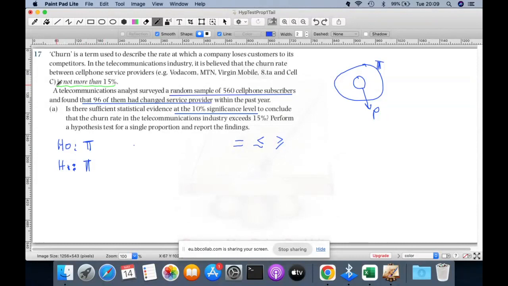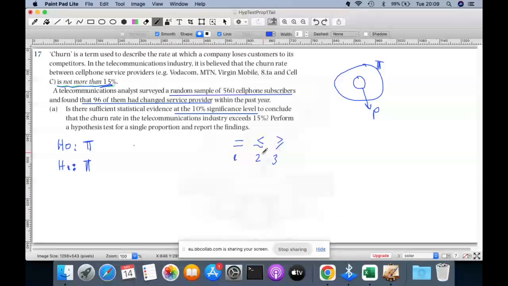Now this is where the tricky part comes in. They're claiming that it's not more than 15%. Which of these three symbols, 1, 2, or 3, represents not more than 15%? Can you write that in the chat?